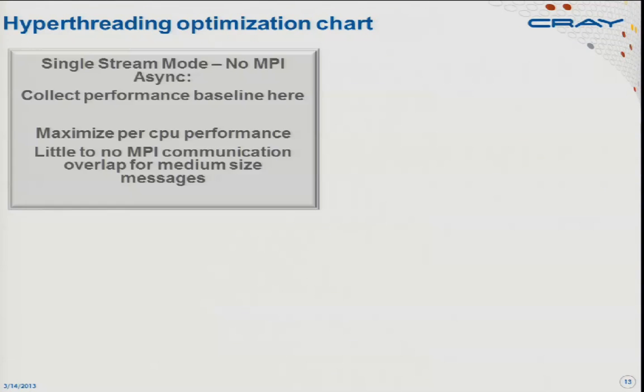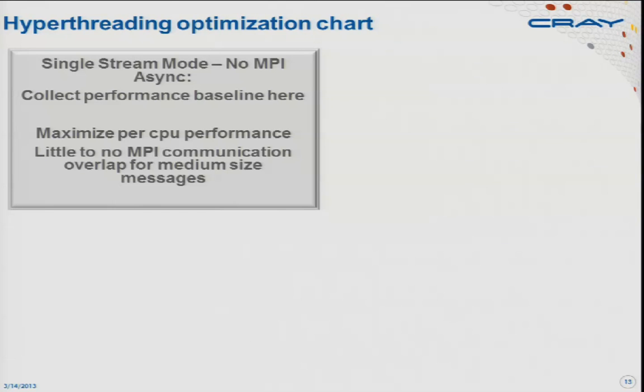So, my hyperthreading optimization chart, or this is almost in a way a high-level optimization start. You're going to start in the upper left-hand box. When you jump on the system, the default is single-stream mode, and there is no MPI async. You're going to collect a performance baseline here. Single-stream mode, remember, is in a way maximizing per CPU performance, maximizing per rank performance, if you want to think that way.